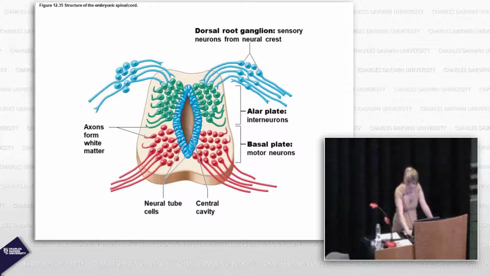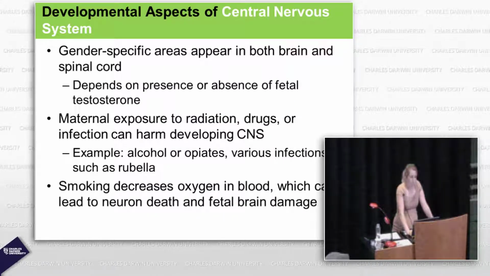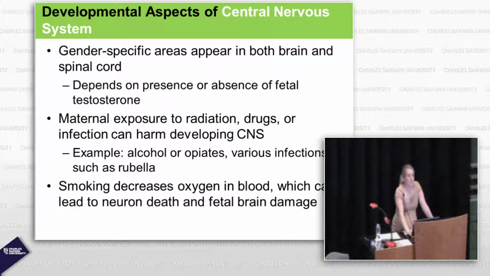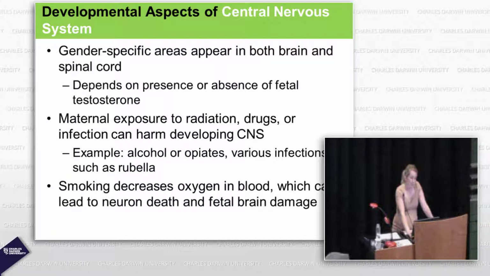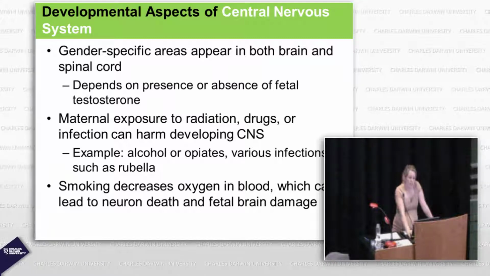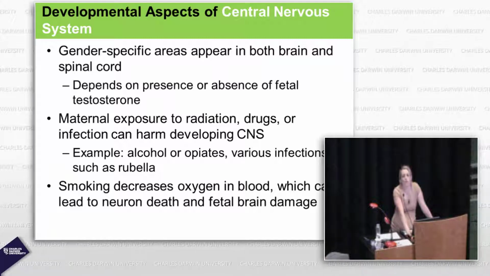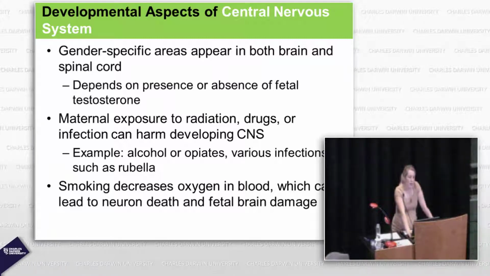So we do have gender-specific areas appearing at these early stages, and this depends on the presence or absence of fetal testosterone. Maternal exposure to radiation, drugs, or infection can harm the developing central nervous system. I think this is becoming more and more common knowledge that the things that a mother is exposed to even before conception can interrupt this process later on.